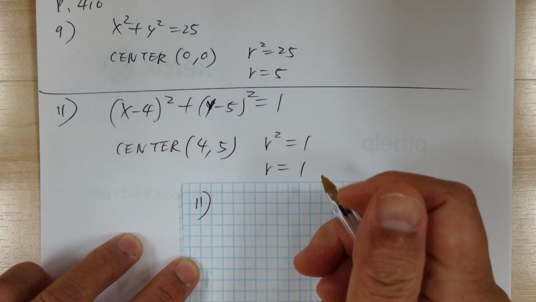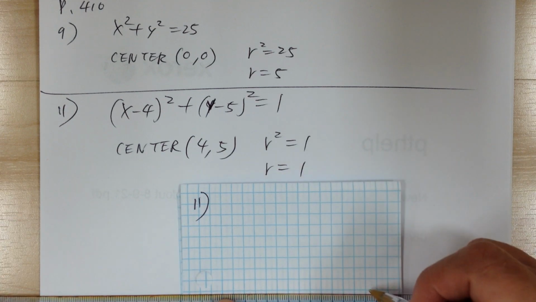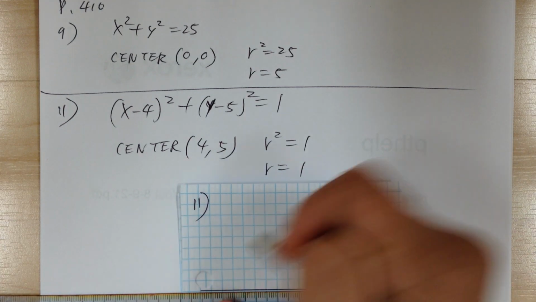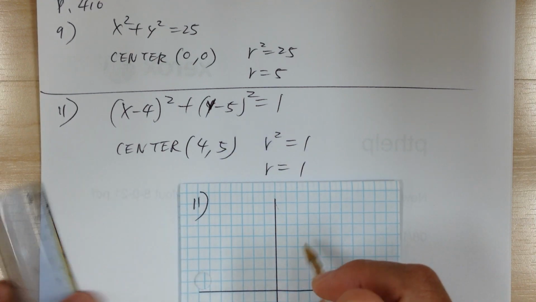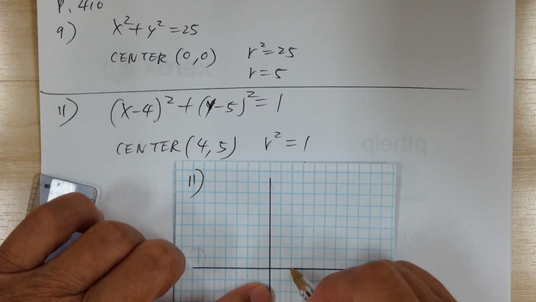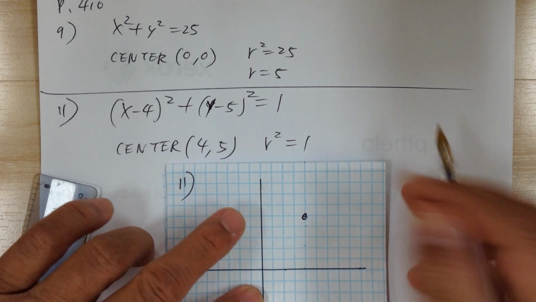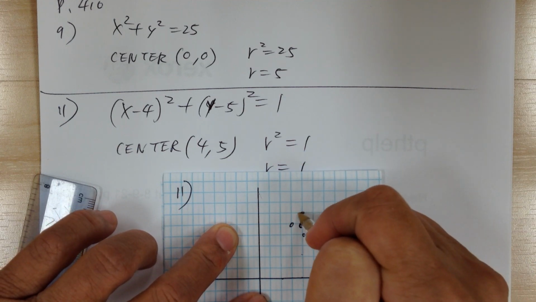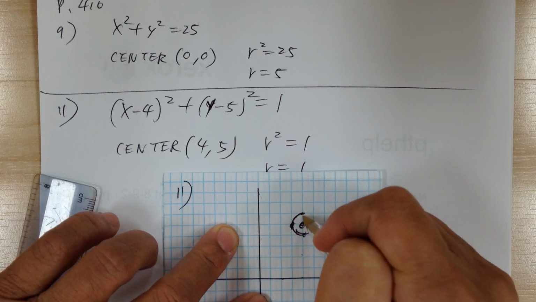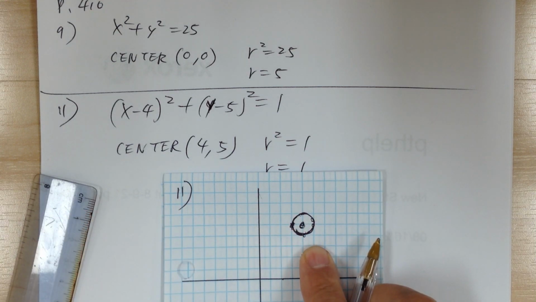For number 11, the center is (4, 5), so that's your center. And radius is 1, so just go 1 up, 1 down, 1 everywhere. So that's your graph. That's it.